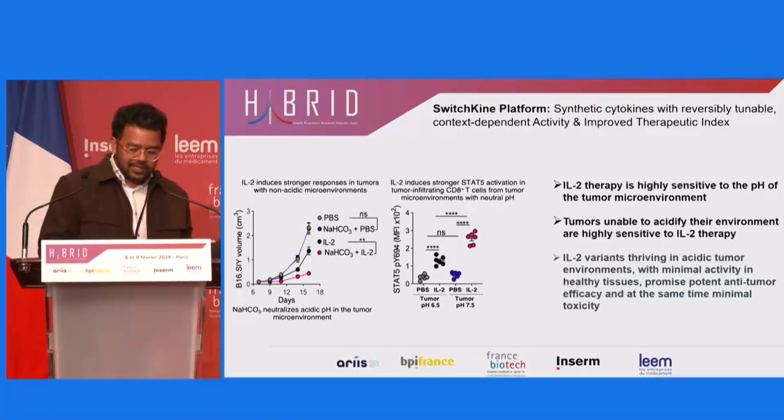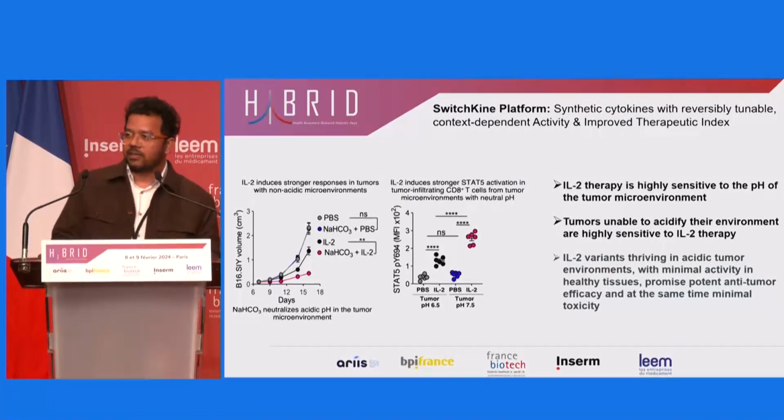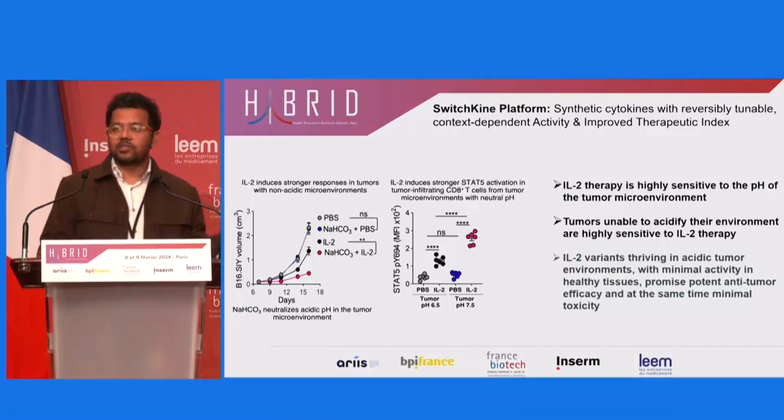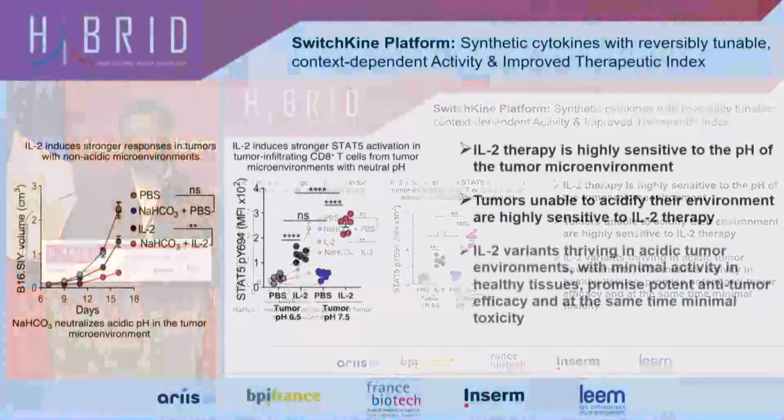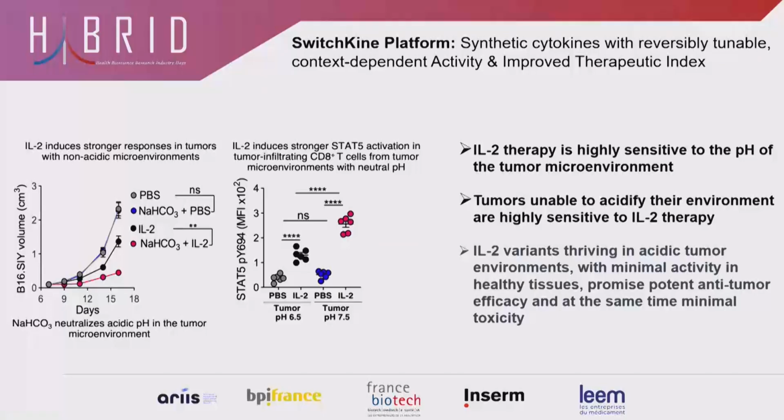Just to give an example, IL-2 is one of the first immunotherapies that we know of. High-dose IL-2 therapy works, but only a few patients respond. We could show that using either a lactic acid deficient tumor, or in this case sodium bicarbonate, IL-2 therapy works much better.